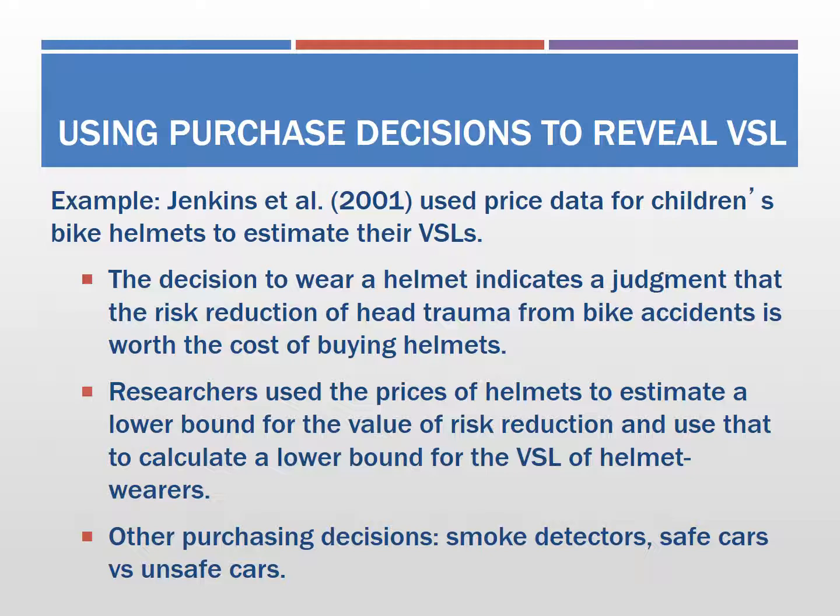So this purchasing decision is not protecting the parents, who are the buyers in the market, but someone under their provision. So in this case, the estimations may over- or under-estimate the true value of life.